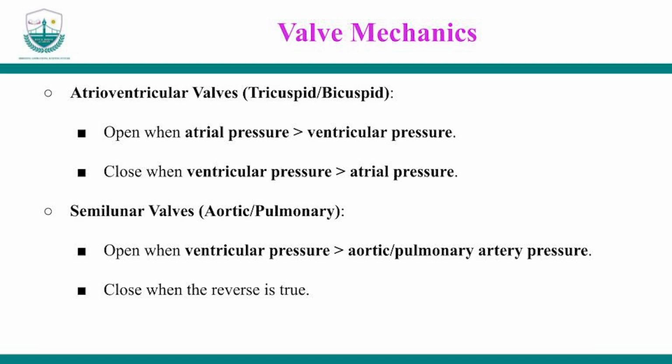Starting with the atrioventricular valves, they are closed when the pressure is low. When the pressure builds up in the atria, they are forced to open, and the blood goes into the ventricles.